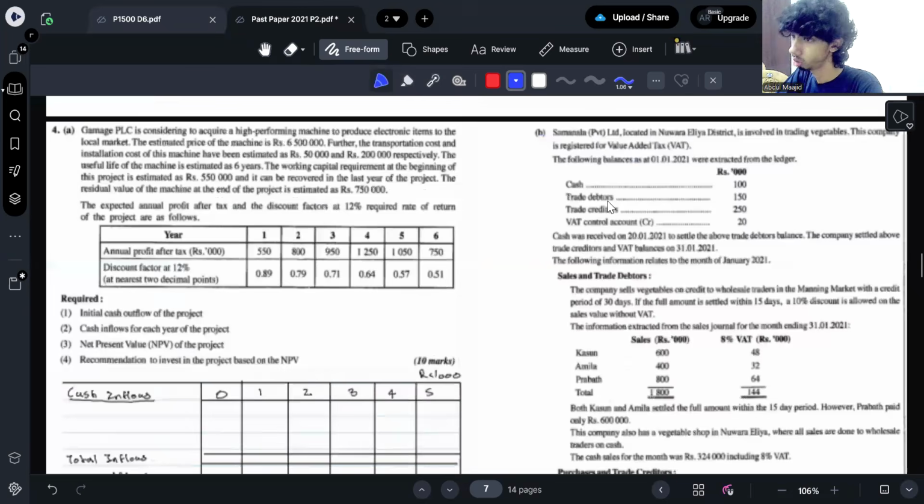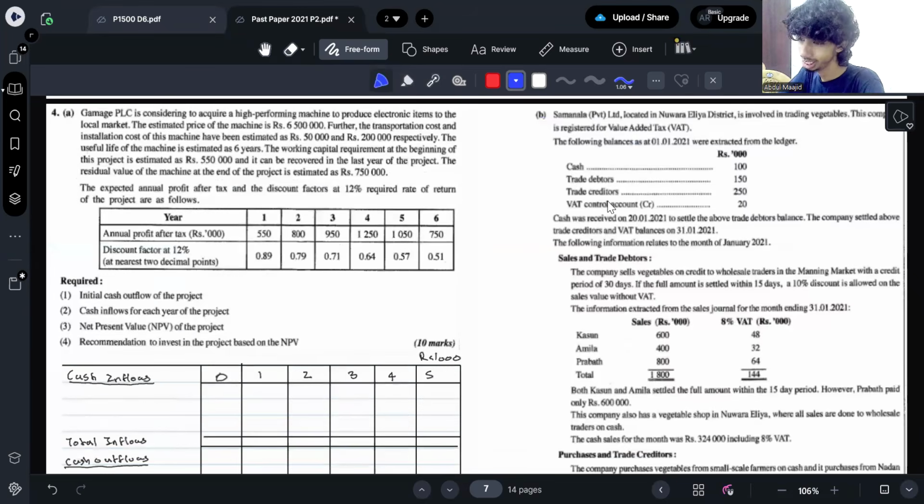So the fourth question now, starting off with the investment appraisal part. Gamage PLC is considering acquiring a high-performing machine to produce electronic items for the local market. The estimated price of the machine is rupees 6,500,000. Okay, now these are the initial investments, right?